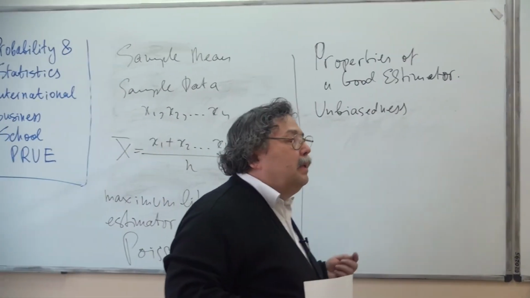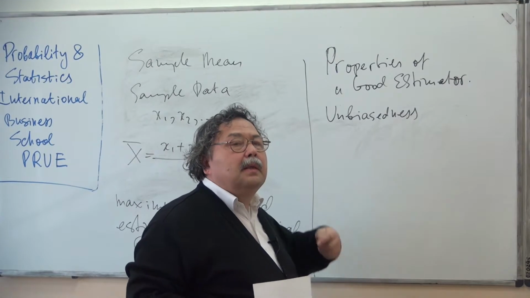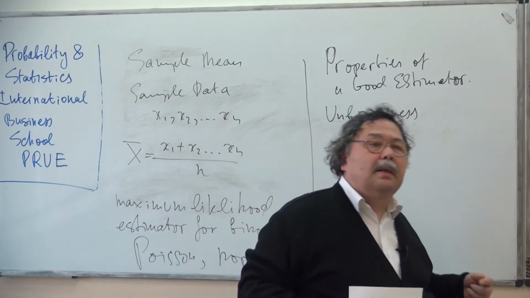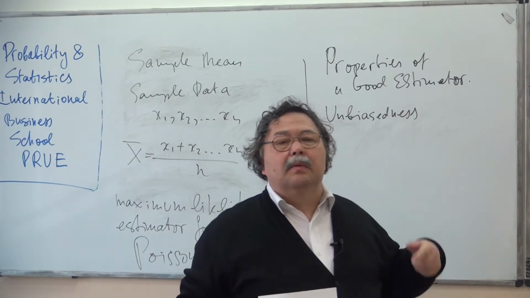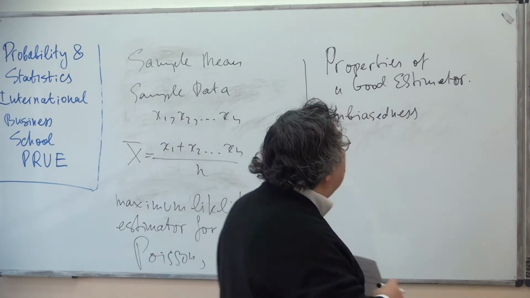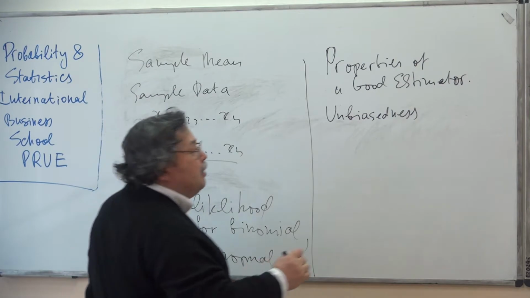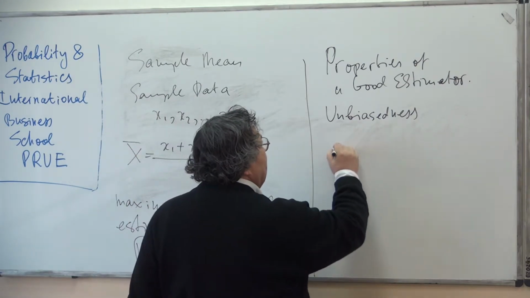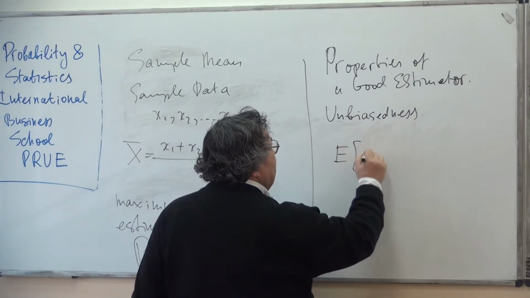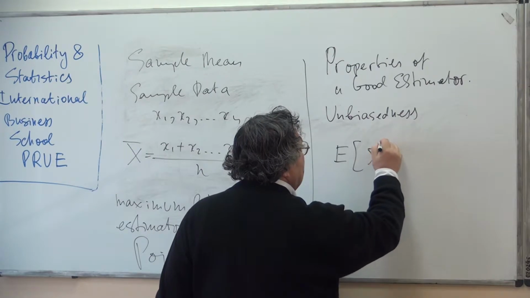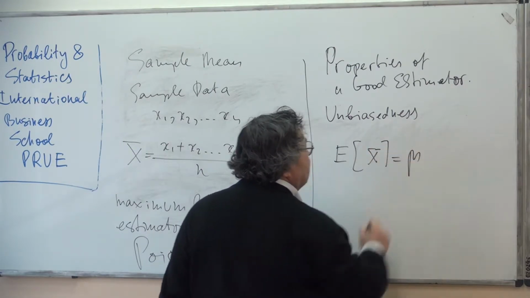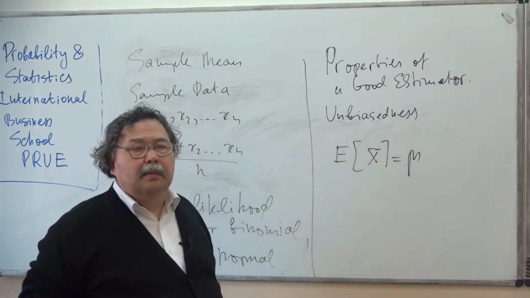An estimator is unbiased if its expected value is the same as the expected value of the underlying variable. And this is true for x bar, the sample mean. The expected value of x bar is the same as the expected value of the underlying variable.